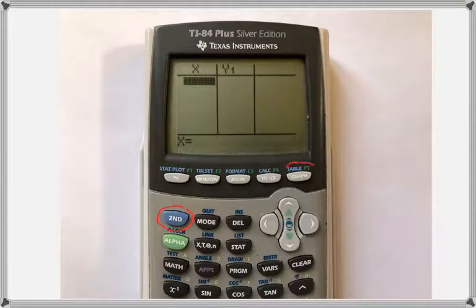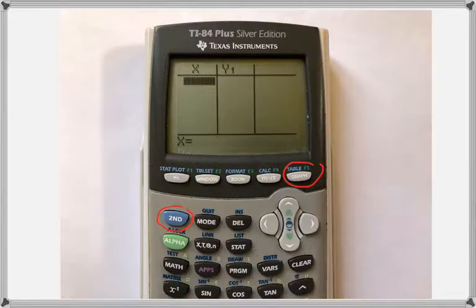So second table. Again, your function is already entered into the y equals at this point, or should be. Now you can type in x values, and it will give you the appropriate corresponding y values.